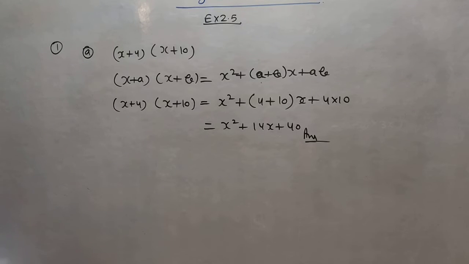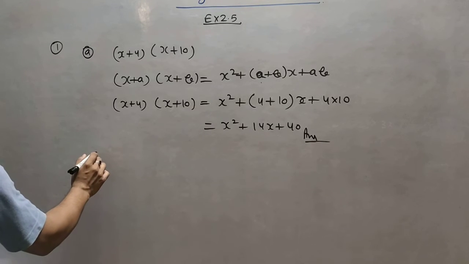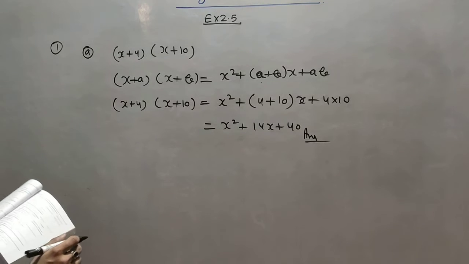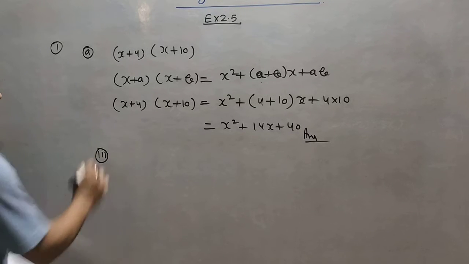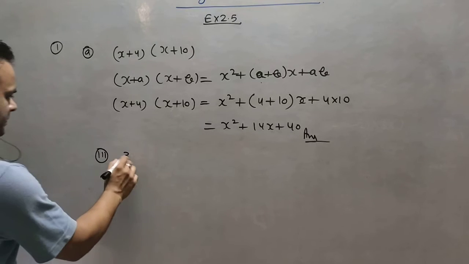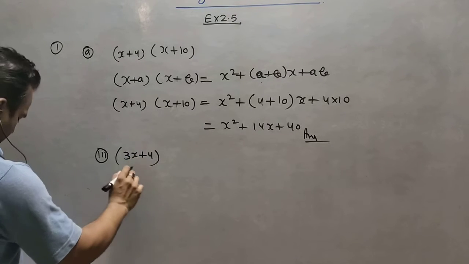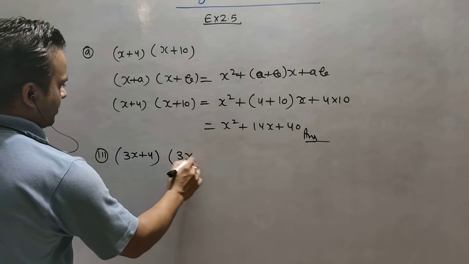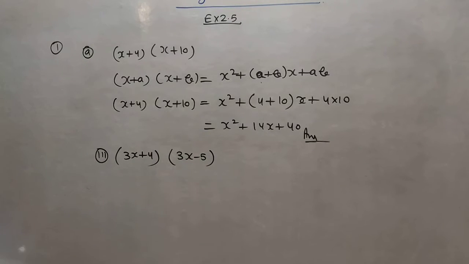Now the next one, suppose I am taking third part here. Second part you can do yourself. 3x plus 4 and 3x minus 5. Okay, now check again which identity we can use, right?